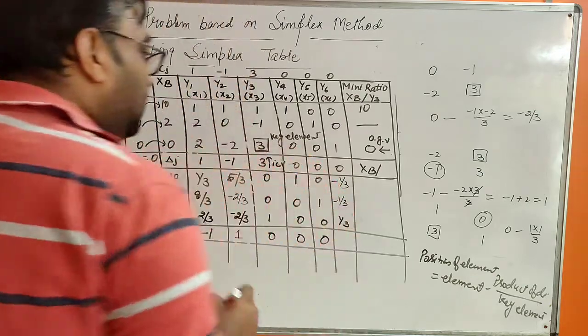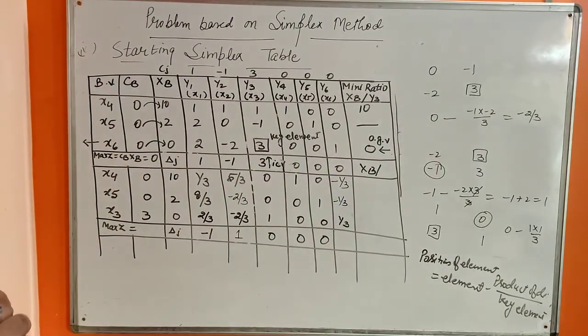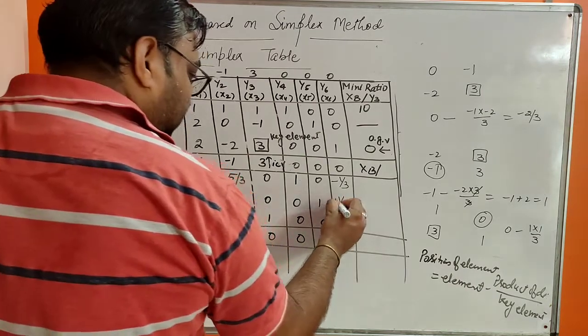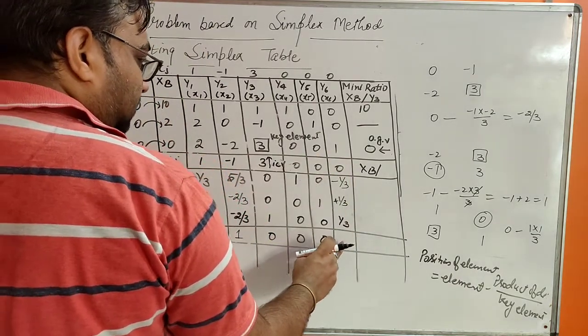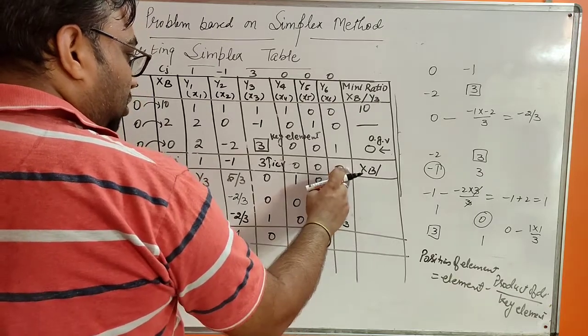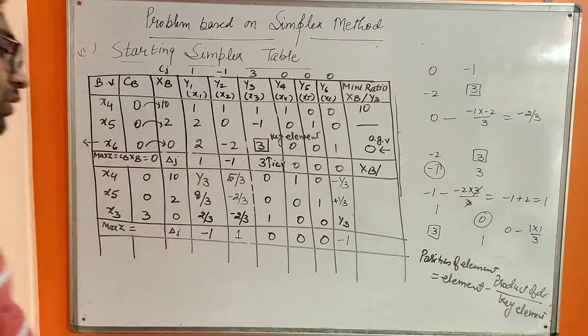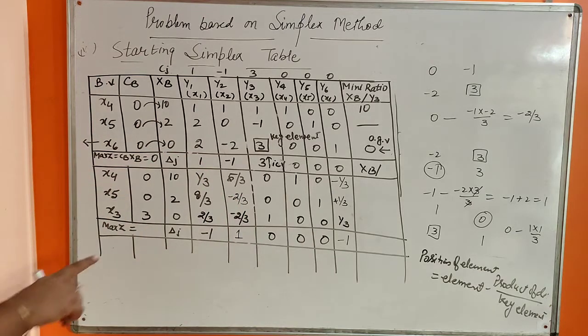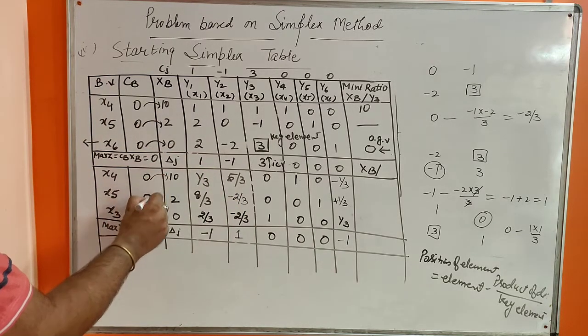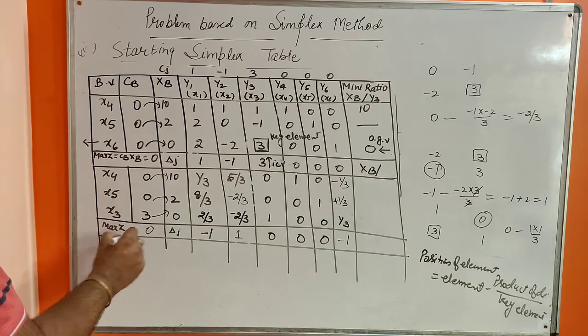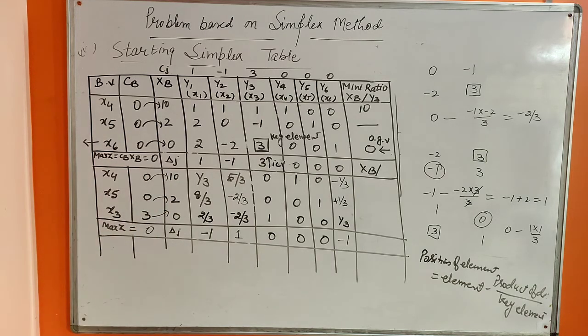This is also similarly minus 1 upon 3, plus 1 upon 3. And this will be 0 minus 3 upon 3, that is minus 1. So, and the max z is the product of all these particular conditions, that is this also is equal to 0. So now this step is completed.